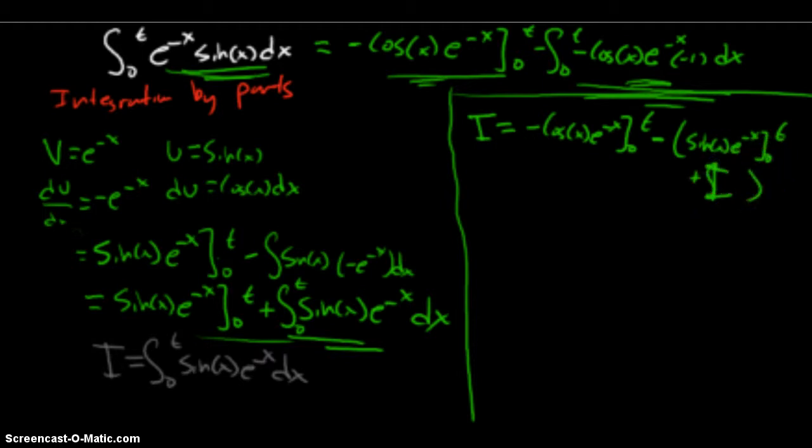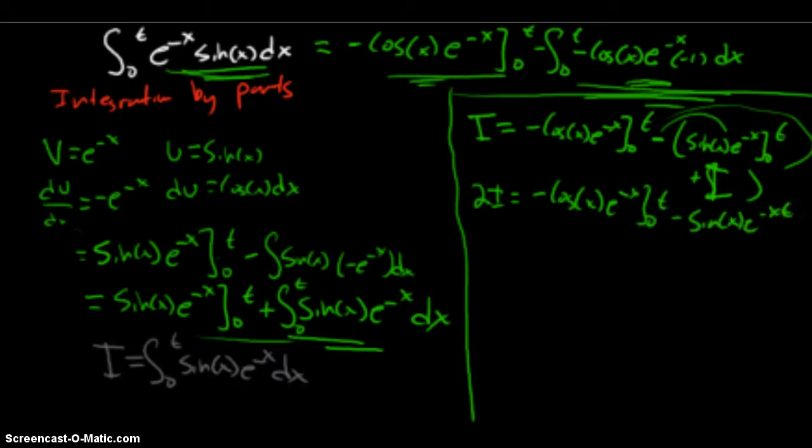So transposing, distributing the negative sign, we will get a minus I here. So when we take it over, we get plus I. So we get 2I is going to equal minus cos x e to the minus x from 0 to t minus sine x e to the minus x from 0 to t.